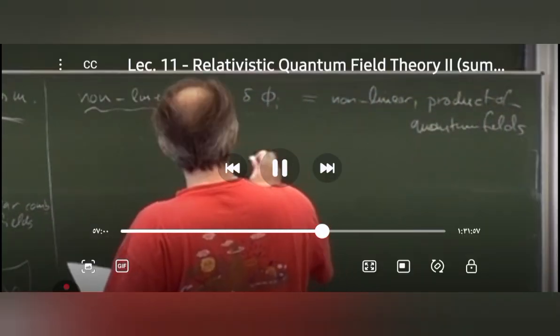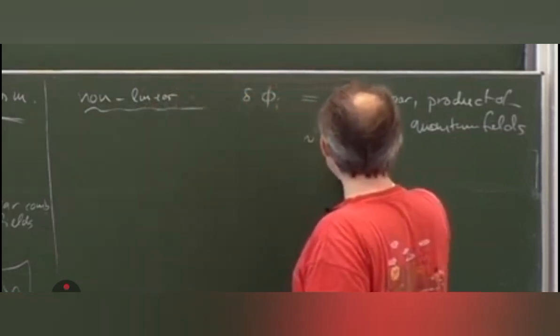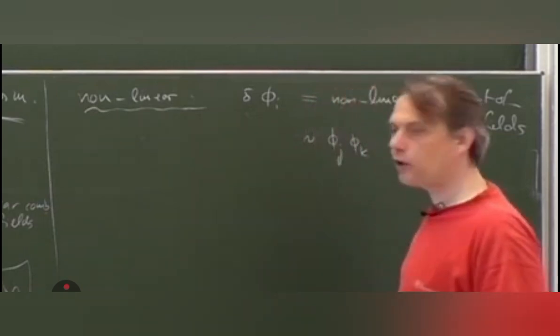And so let us simply say, as an example, delta phi I would be given by a product of two fields phi k times phi j.